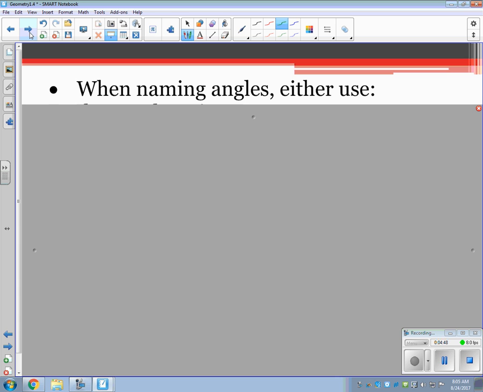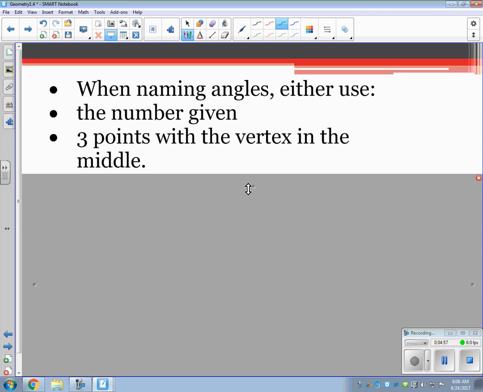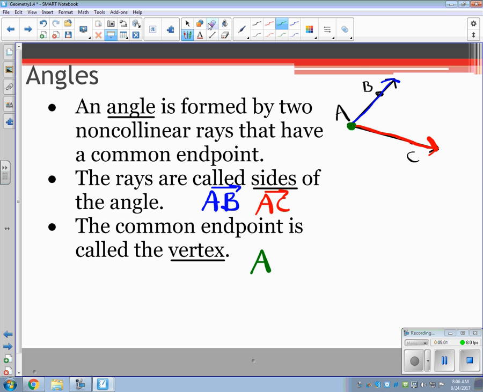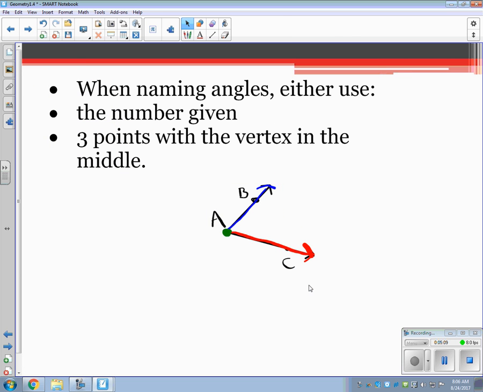When naming angles, either use the number given or three points with the vertex in the middle. And I'm going to go back here. I'm going to copy the one that we already drew so you don't have to draw it again. So you can just use the picture that you had from the last slide. And I'm going to add to this a number 3 here in the interior.